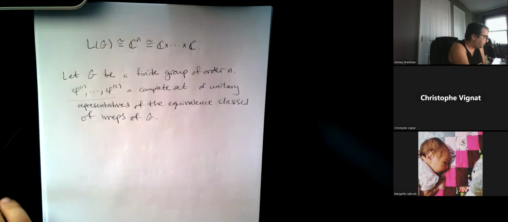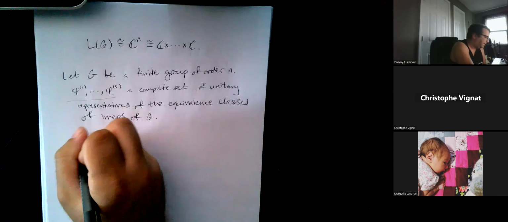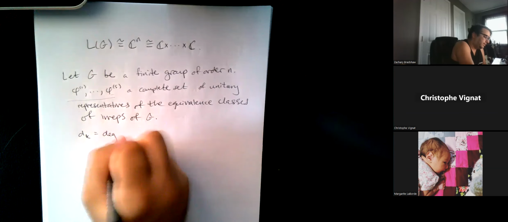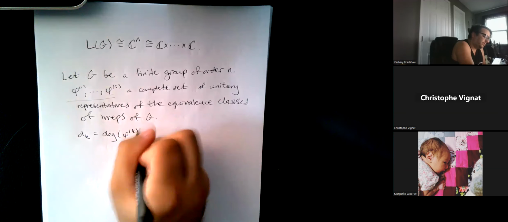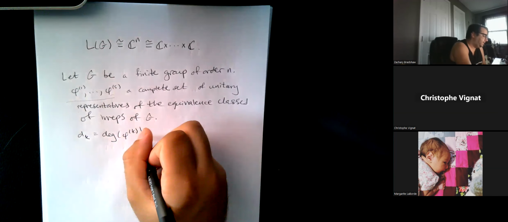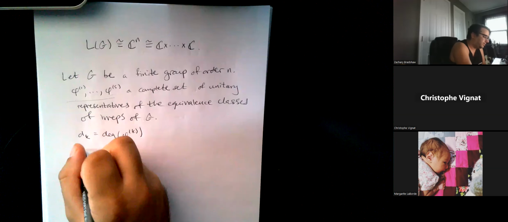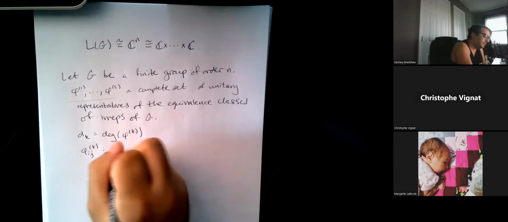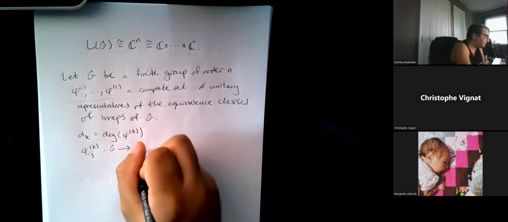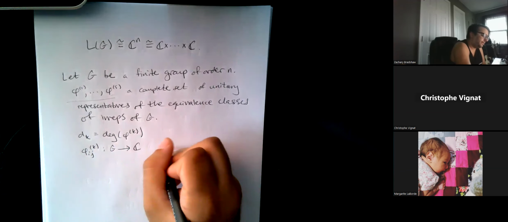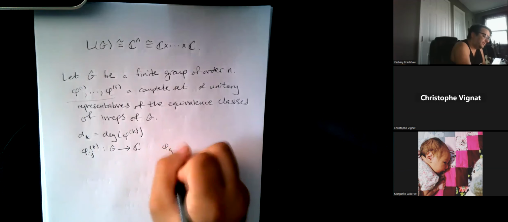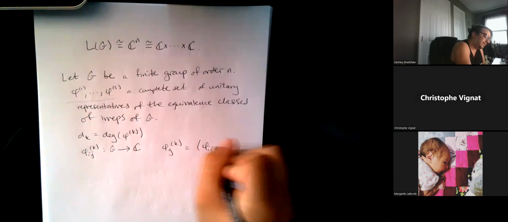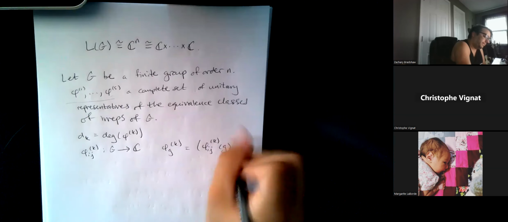So as usual, we will have d_k denote the degree of the kth irreducible representation, and the matrix coefficients will again be denoted phi_ij^k from G to C, and are given by phi^k(g)_ij = phi_ij^k(g).